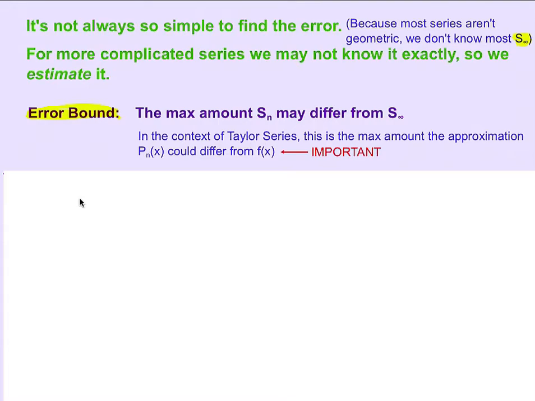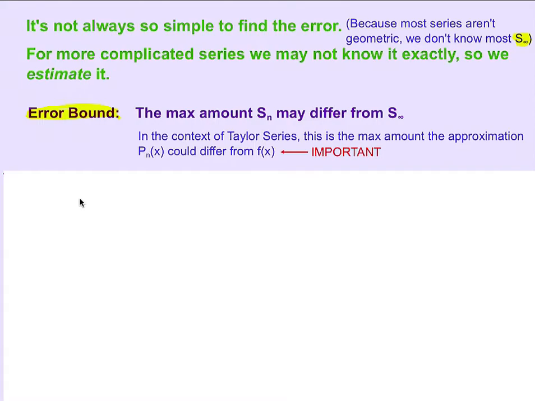The idea is, if we want to find out what e to the third is, we could take the number 3 and plug it into the power series. 1 plus 3 plus 3 squared over 2 plus 3 to the third over 3 factorial plus 3 to the fourth over 4 factorial.